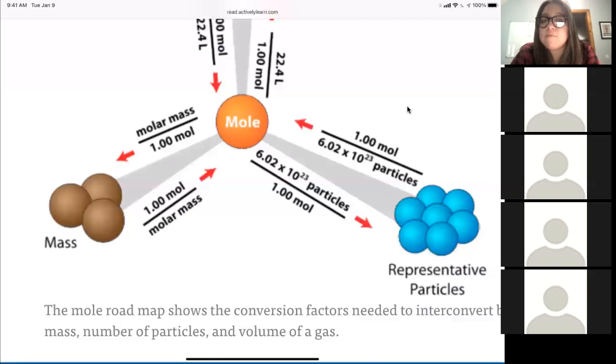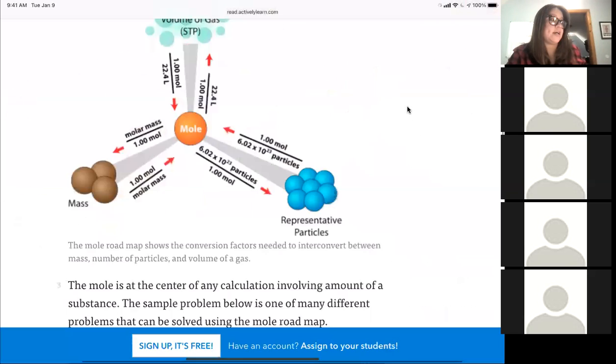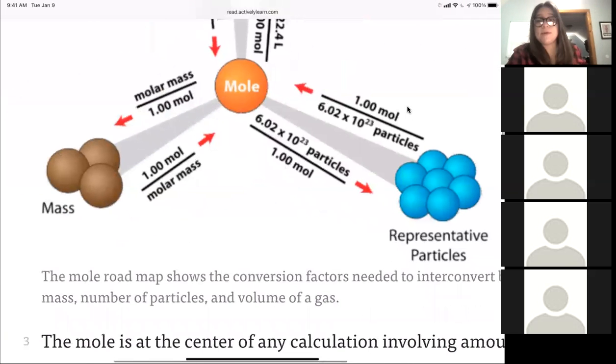So we're starting in mass, we're starting in the brown. Where are we going to finish? Are we going to finish in moles or are we going to finish in particles? Particles, exactly. So, as you can see, there is no straight connection between the brown and the blue.